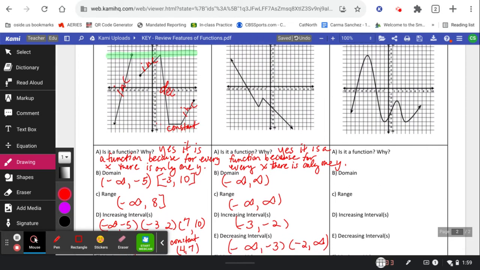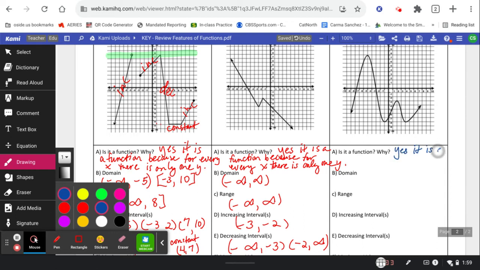All right, last one. Yes, it's a function. Domain goes forever left to forever right, -infinity to infinity.